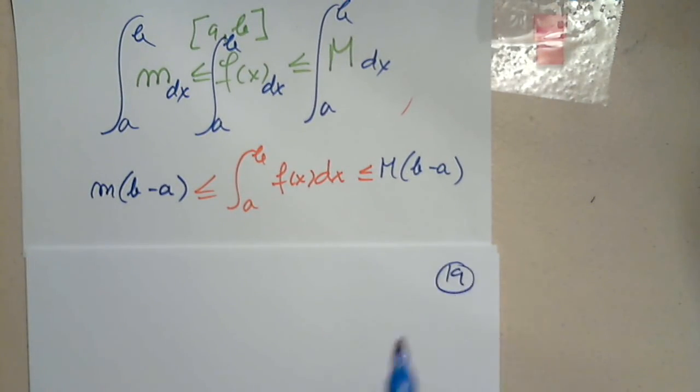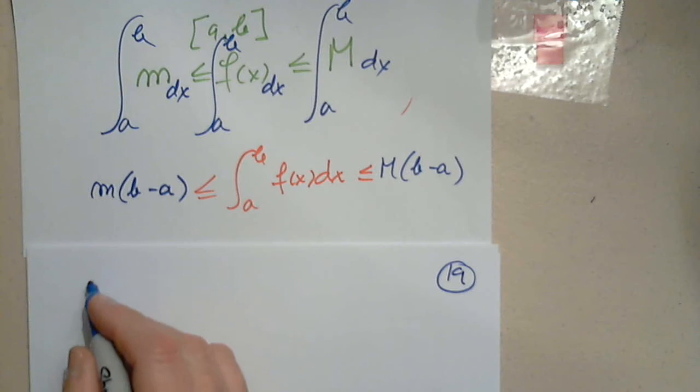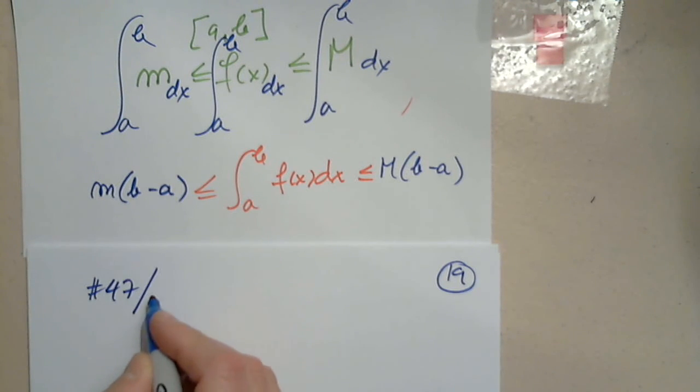We went through a lot of properties, so let's see what we can work with. Okay, I would like to look at problem 47, page 384.